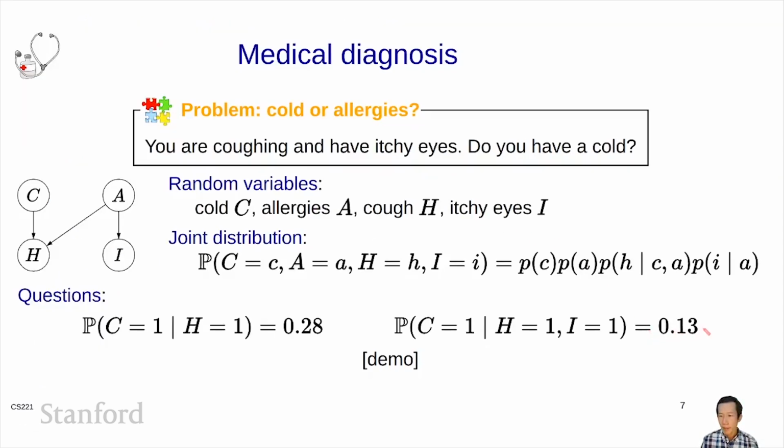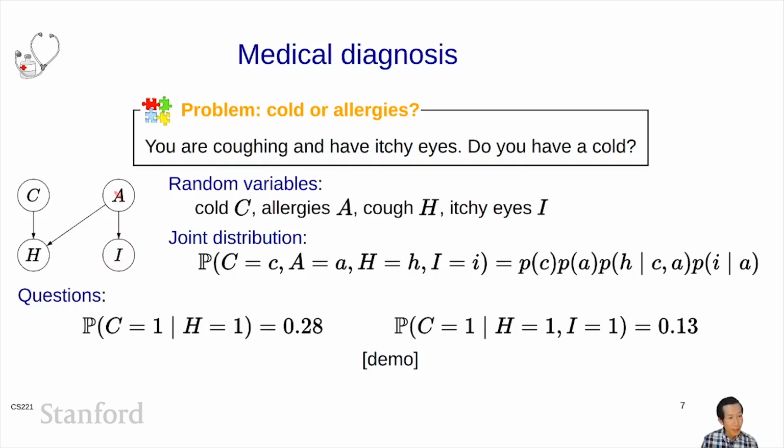Okay. So again, you can rest assured that these calculations were followed faithfully using laws of probability. And one thing I want to point out is that this is another case of explaining away, but slightly disguised. So here's how to think about it. So I condition on I equals 1. So I observe that I have itchy eyes. Okay?